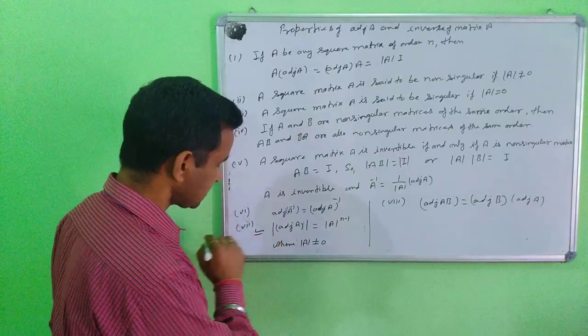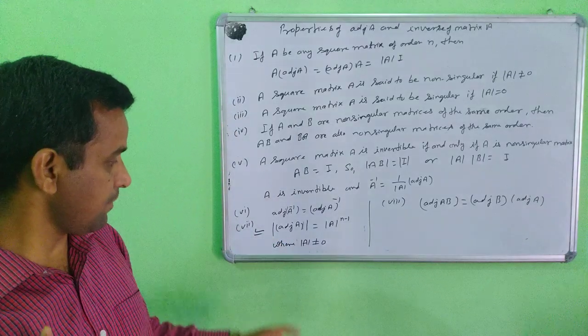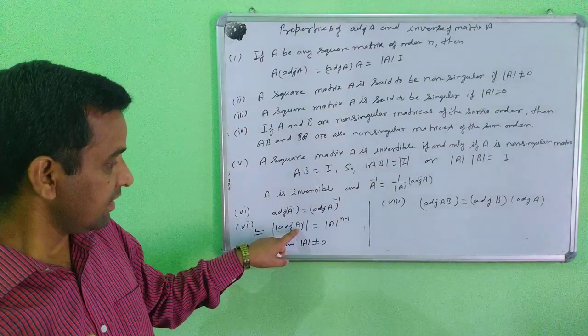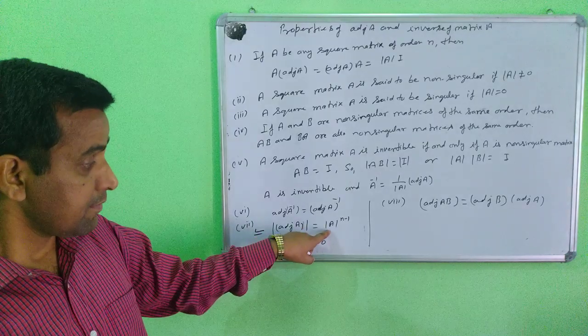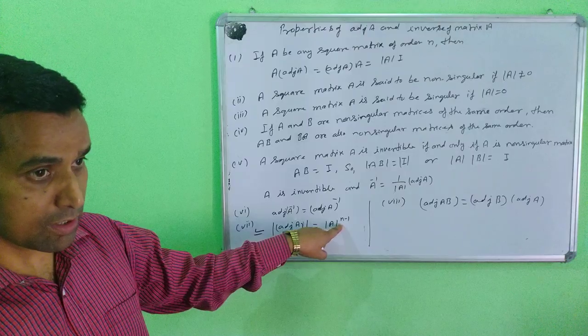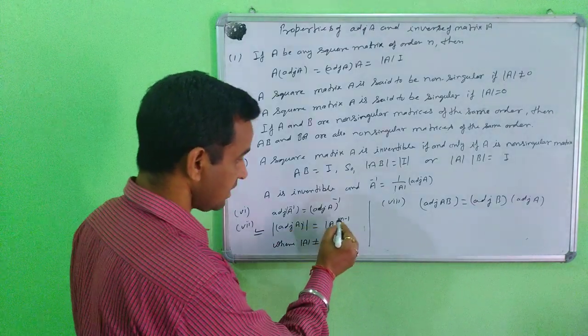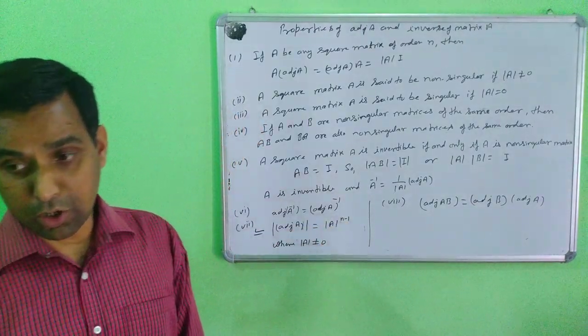In this property, a one-mark question is asked in the board exam. The determinant of adjoint A equals the determinant of A to the power n minus 1, where n is the order of the matrix.